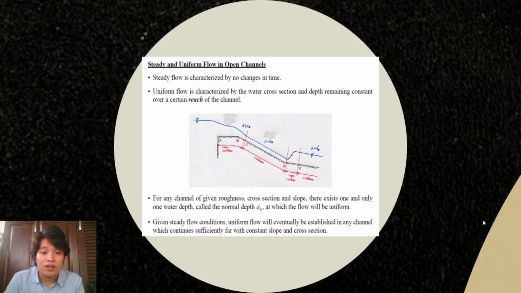For any channel of given roughness, cross-section, and slope, there exists one and only one water depth, called the normal depth, or D0, at which the flow will be uniform.